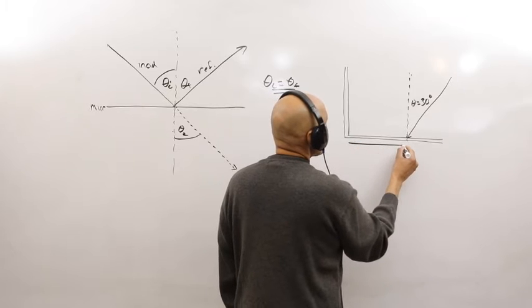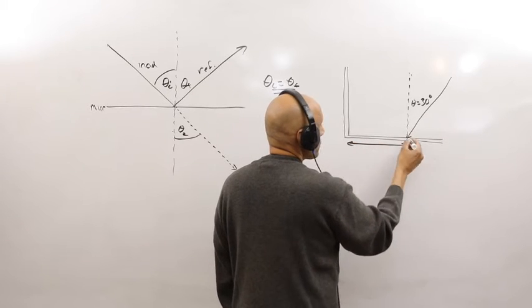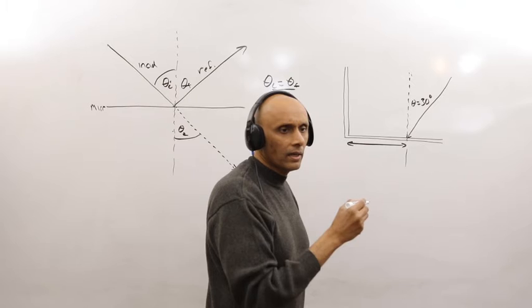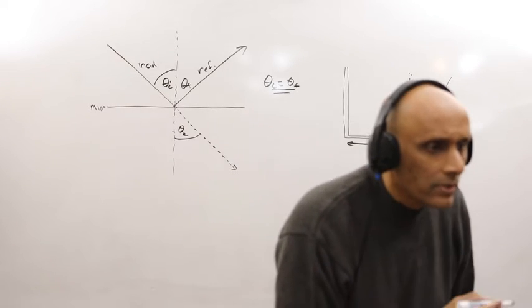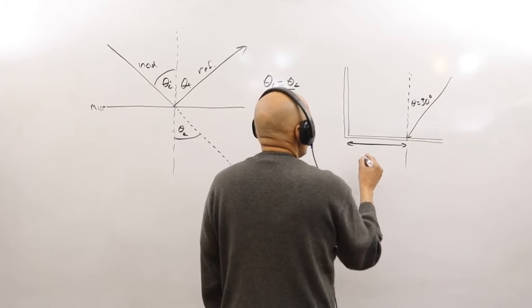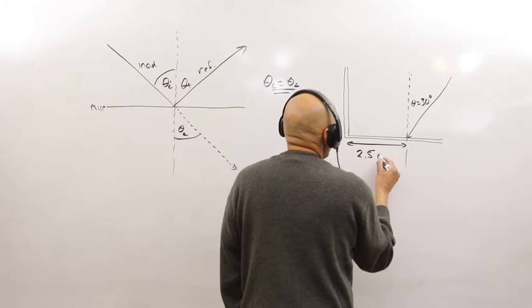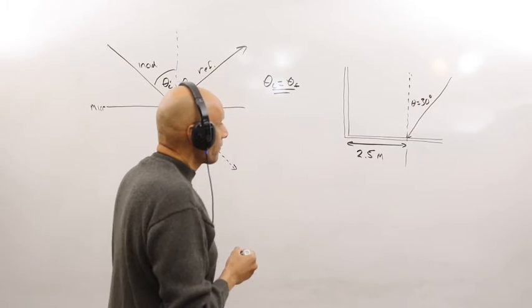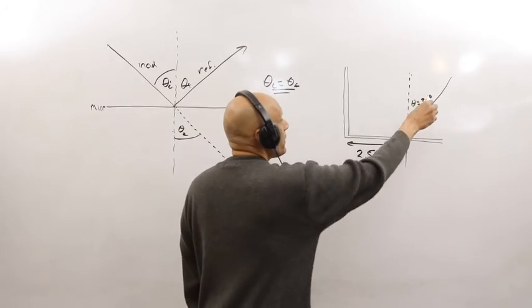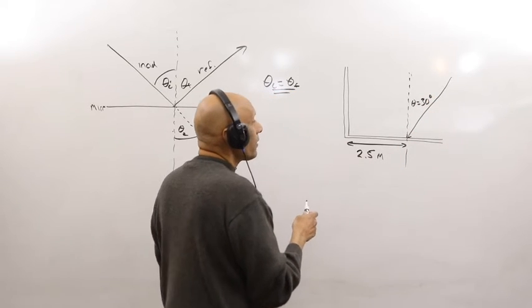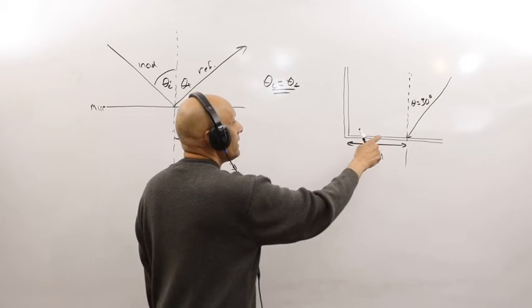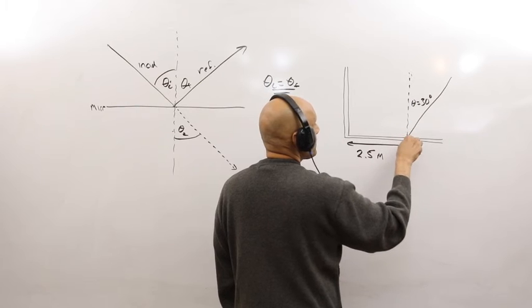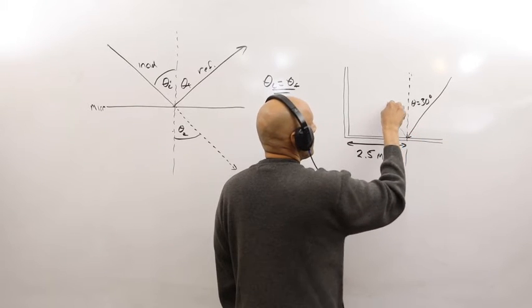Let's say the distance from here to here in the first mirror plane happens to be, don't want to use the same numbers, so let's say it's 2.5 meters from there. Okay, so we have a light ray coming in. Using our ideas of mirrors, we know that the angle of incidence must be equal to the angle of reflection.